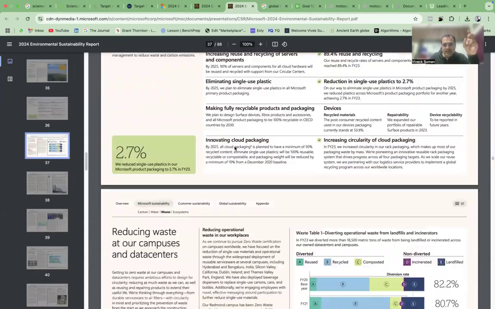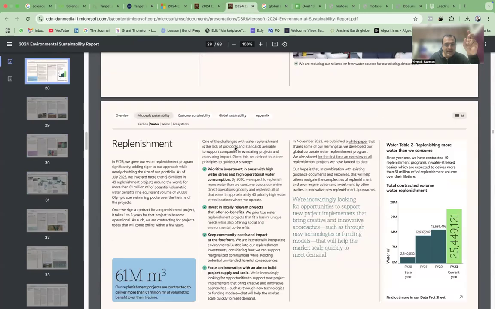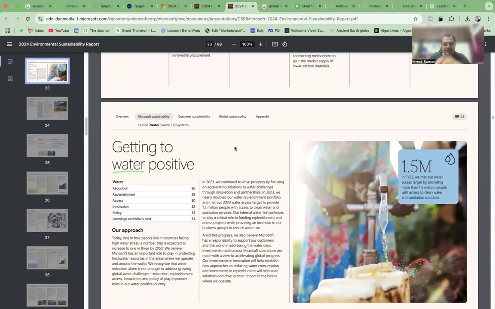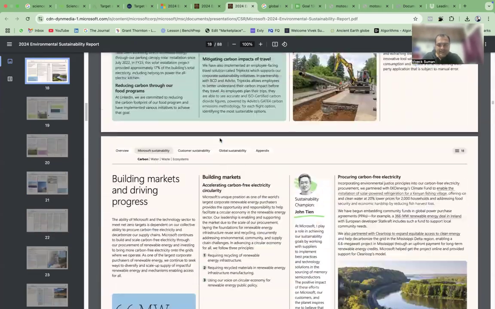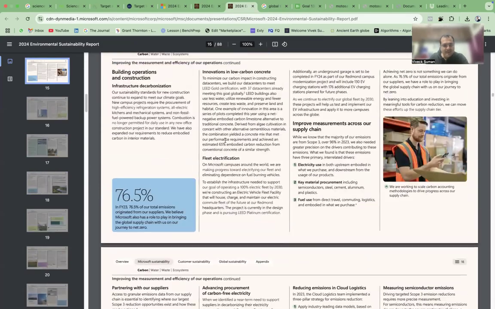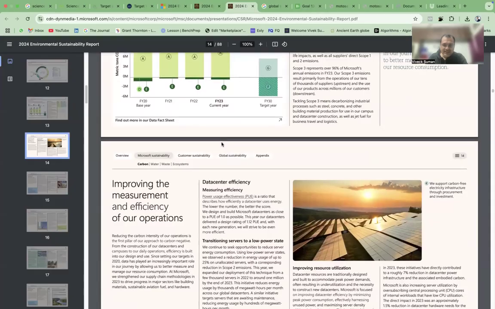Individual, yeah, getting to zero waste. Okay. Investment reduction and, yeah, here. Still, that is not the graph.